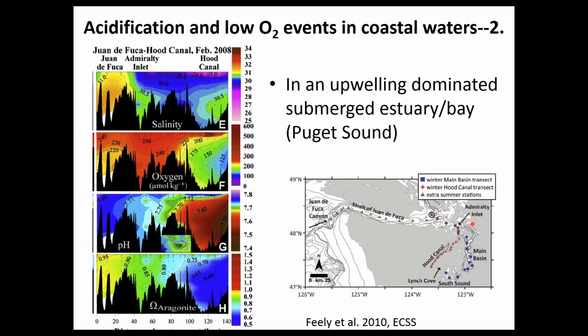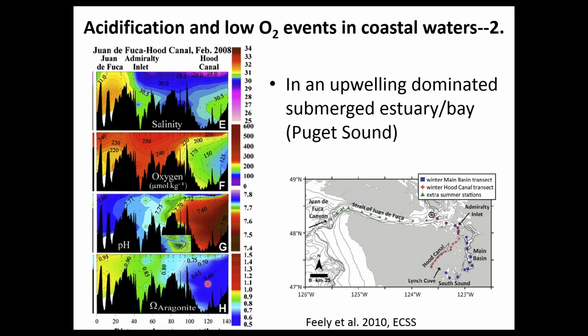And you see very low oxygen, very low pH and low aragonite saturation. That is mostly due to this upwelling, and superimposed on that upwelling signal is local respiration. And the stagnation of the water allows this low pH to develop further.